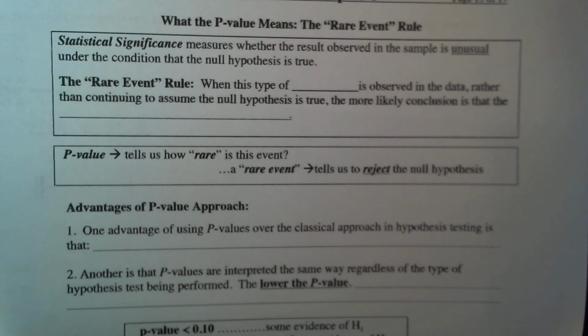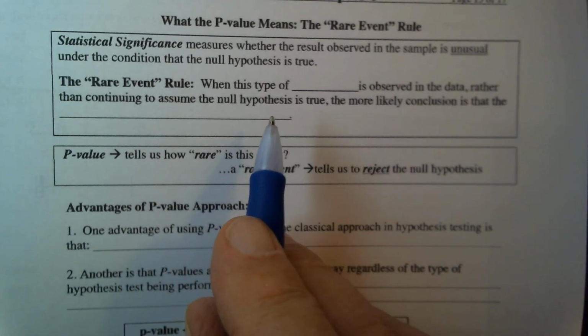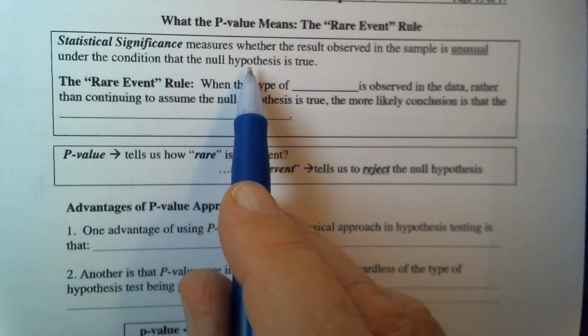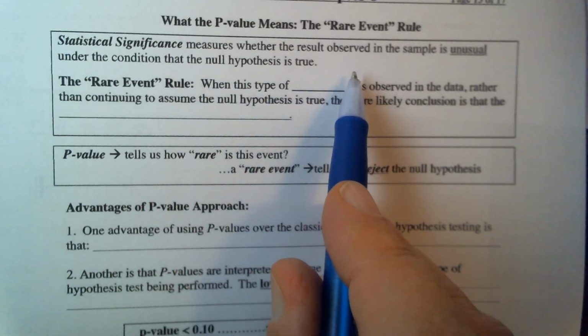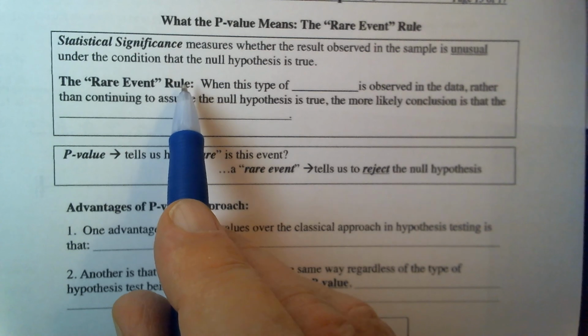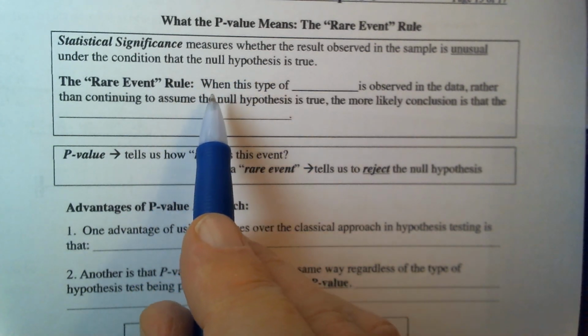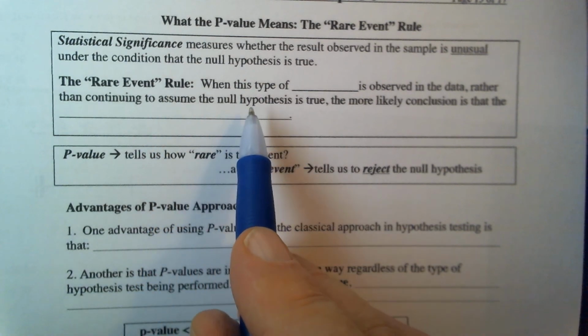Let's talk about the p-value and how it relates to the rare event rule. Statistical significance measures whether the result observed in the sample is unusual under the condition that the null hypothesis is true. And so here's the rare event rule.